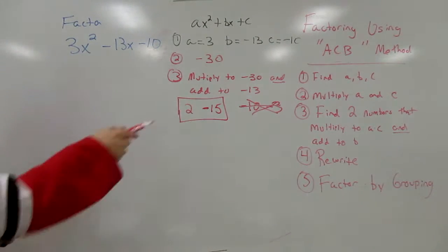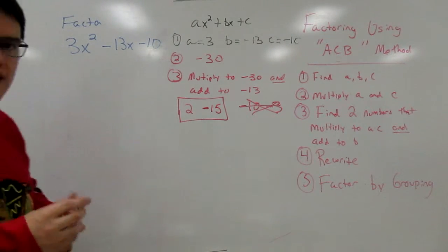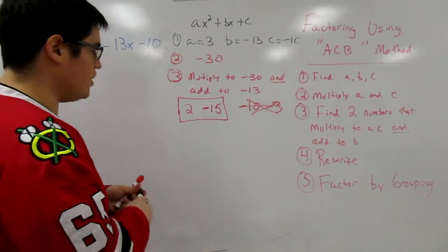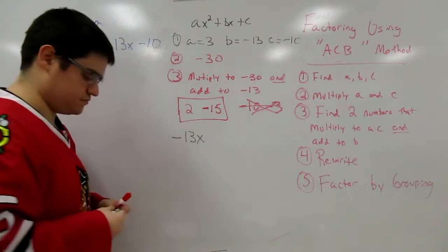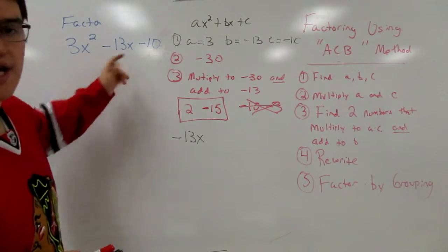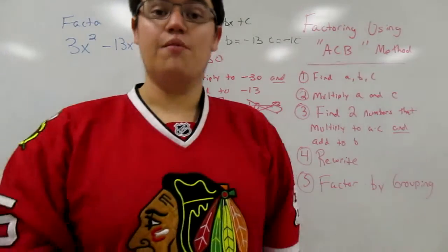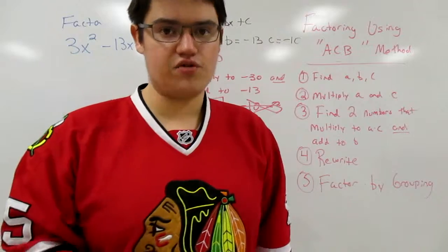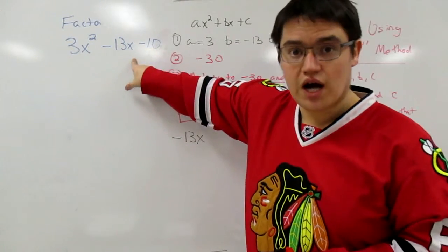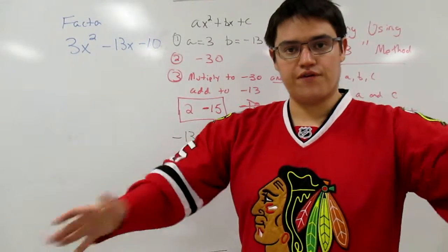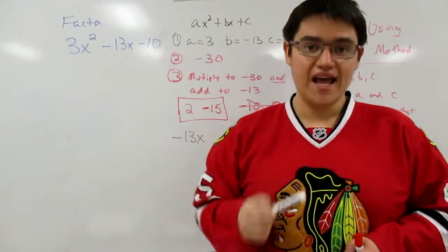Okay, step 4, now we can rewrite this. So here's the key to all of this. We know that we have a negative 13x. And this has 3 terms here, so we can't factor by grouping because we need 4. But we feel comfortable with factoring by grouping. So what we're going to do is take this trinomial and break it off into 4 terms so we can factor by grouping.